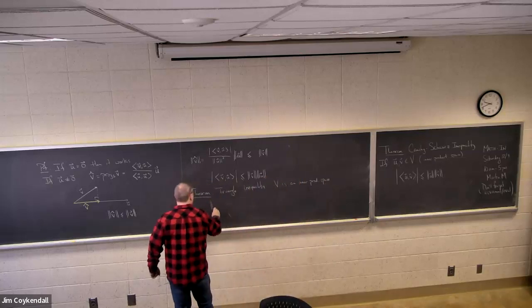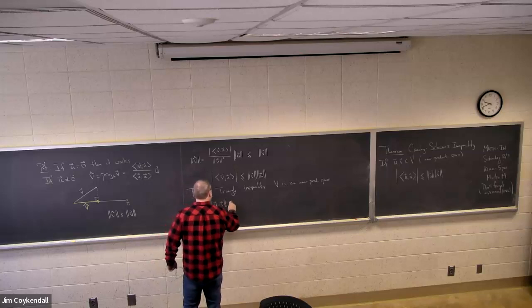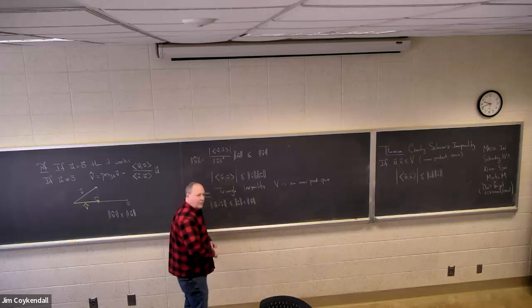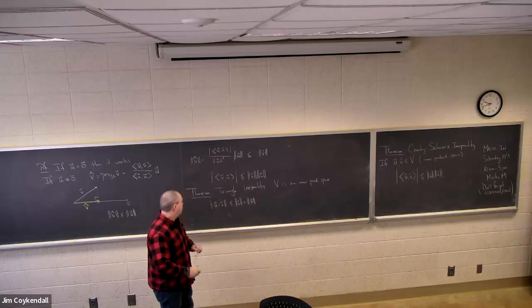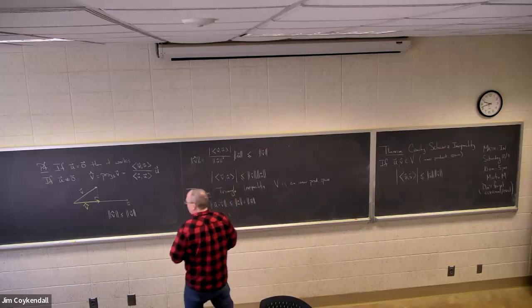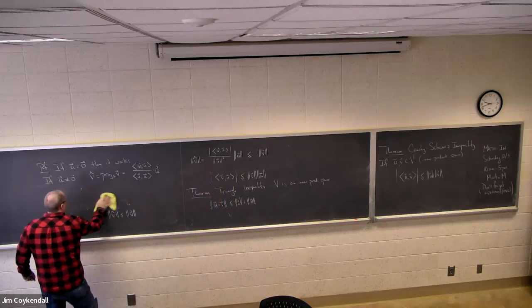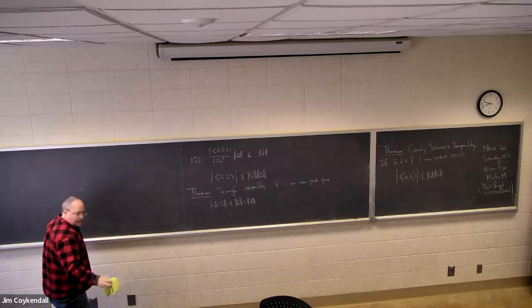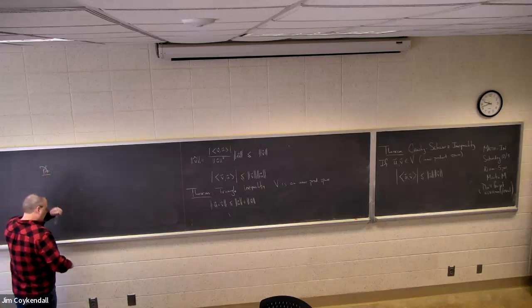Then the length of U plus V is less than or equal to the length of U plus the length of V. So think of this as three sides of your triangle, U and V, and U plus V is the third side, I should say, not necessarily a hypotenuse. The length of any two of the sides is greater than or equal to the length of the third one. So this uses the Cauchy-Schwarz inequality that we just had.